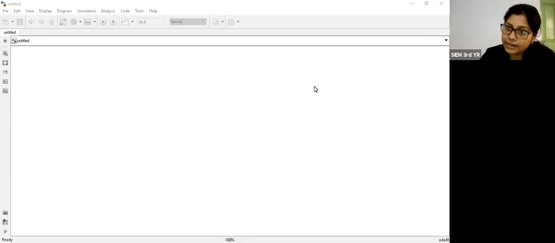We have to calculate the time period for the 210 degree in this way. 180 degree is equal to 10 millisecond. So 1 degree should be 10 by 180. So 210 degree should be 10 millisecond into 210 divided by 180.